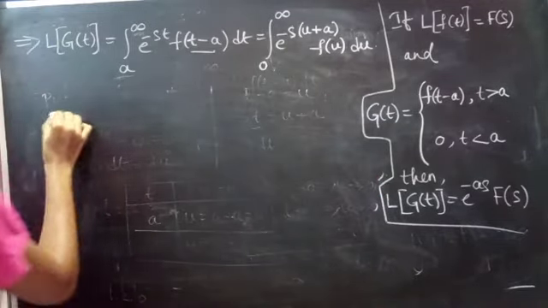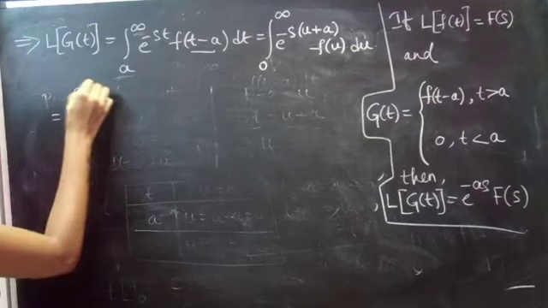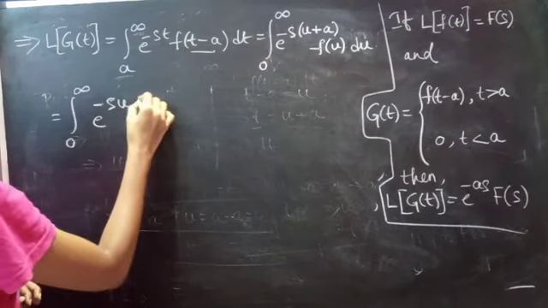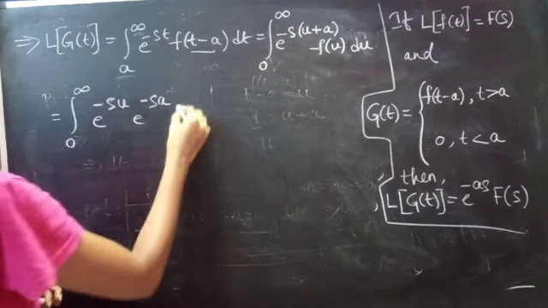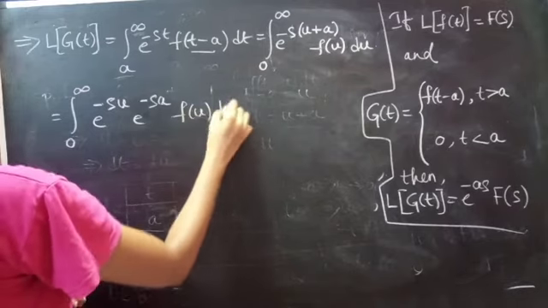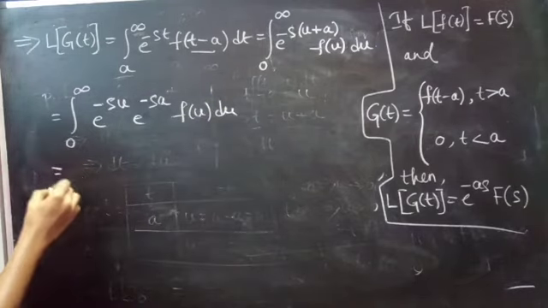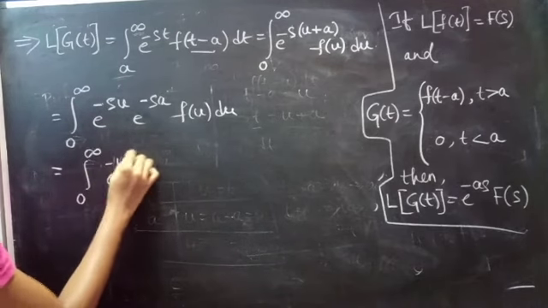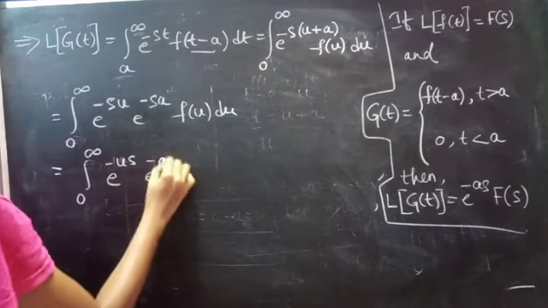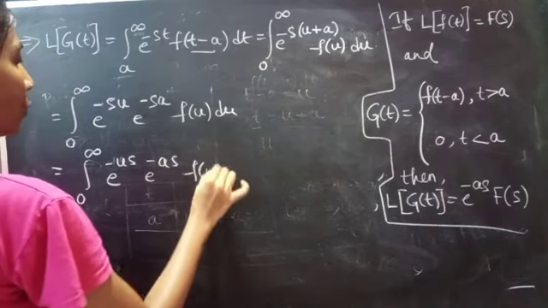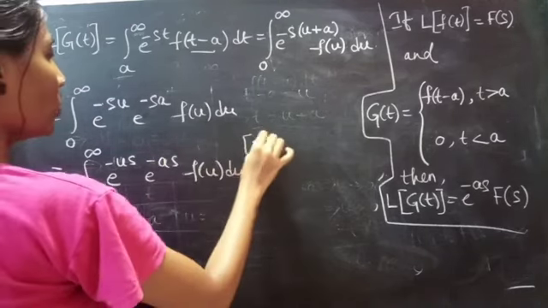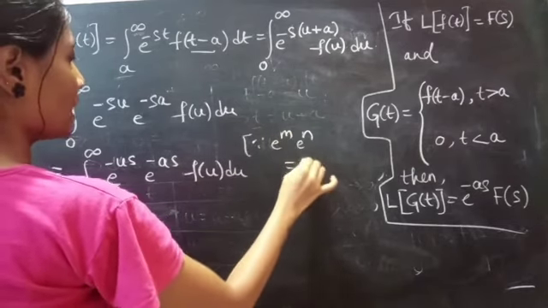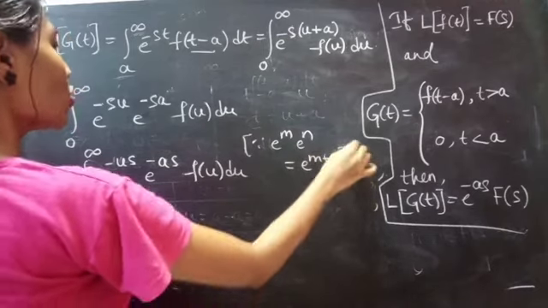So this equals the integral from 0 to infinity e power minus su into e power minus sa into f of u du. This can also be written as the integral from 0 to infinity e power minus us into e power minus as into f of u du, since we know that e power m into e power n can be written as e power m plus n.